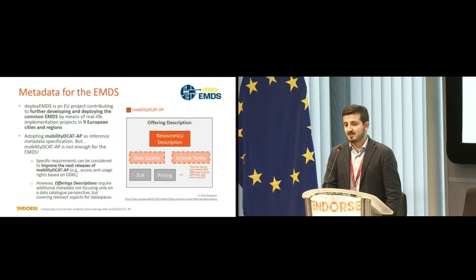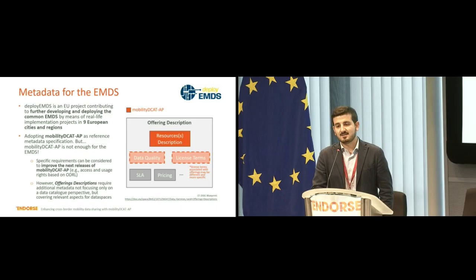And the point I would like to highlight is that in the Deploy EMDS project, another project specifically working on the implementation of the European mobility data space by performing 9 European pilots in different cities and regions, we are investigating exactly that.